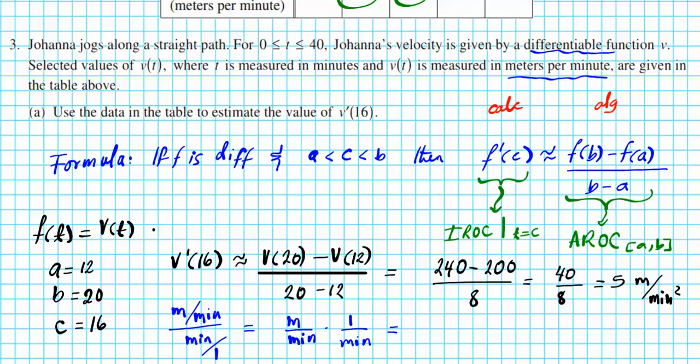And you end up with the correct unit, meters per minute squared. So remember, position is distance, velocity is distance per time, and acceleration is distance per time squared. So that's why we have the time right here. Now, using the AP scoring guidelines, for this part of number 3, you get exactly 1 point.